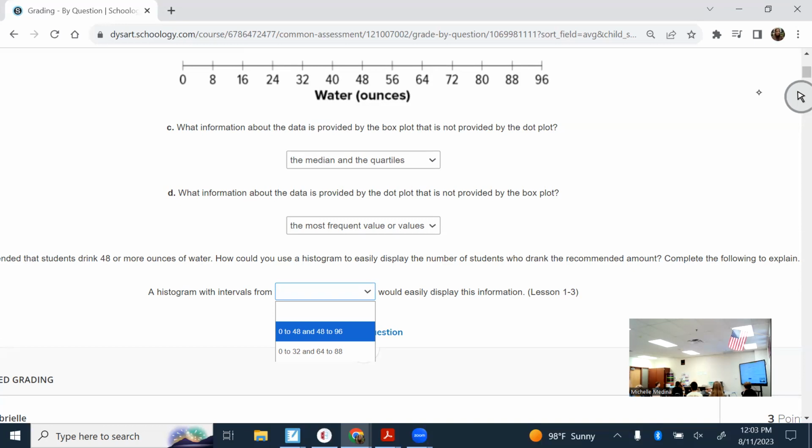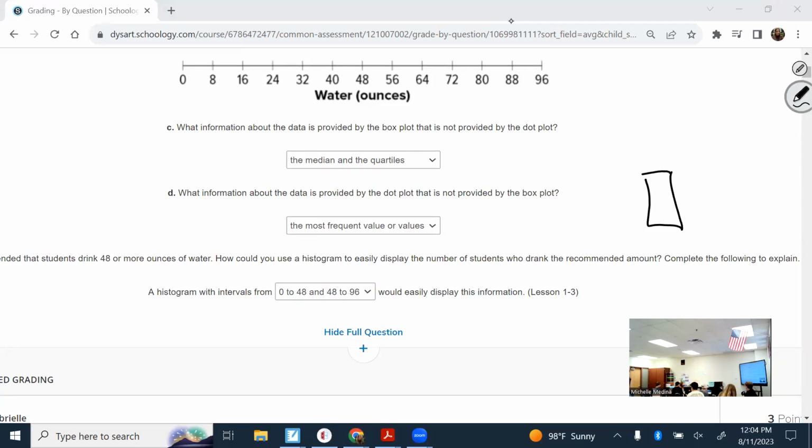Or 0 to 32, and 40, or 64 to 88. Which option makes more sense? The top one. The bottom one, 32 for sure is not recommended. It wasn't part of this problem. If I had a histogram that showed me this many from 0 to 48 and this many from 48 to 96, I could see all the people that did meet the recommended amount in this bar, if that makes sense.